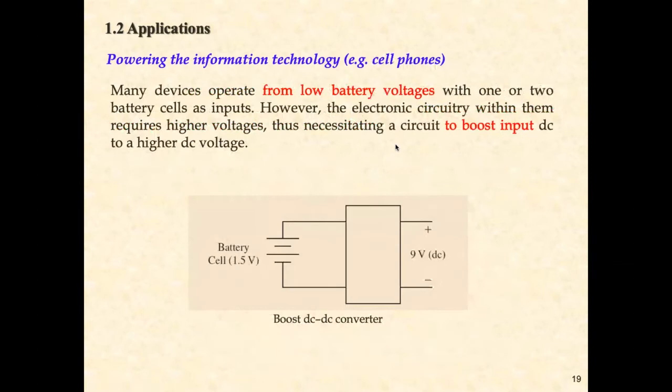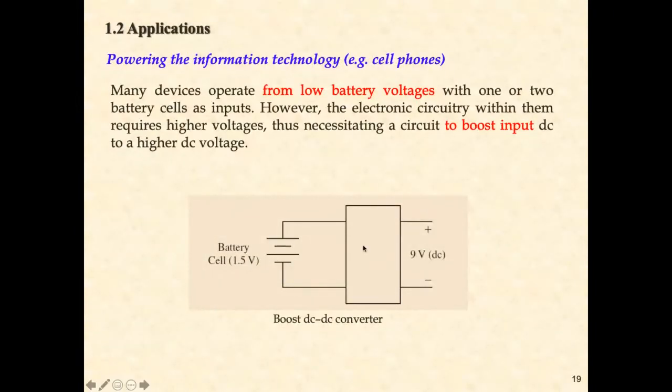And the other example, cell phones. In a cell phone, there should be a battery cell, and for the time being, the output voltage level should be 1.5 volt if we use the battery.